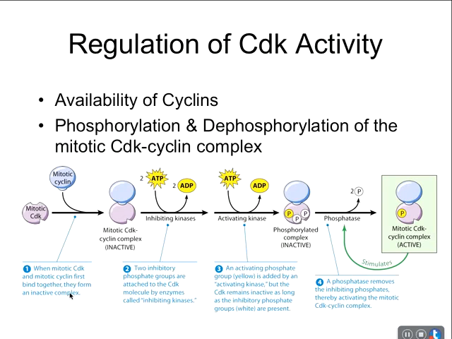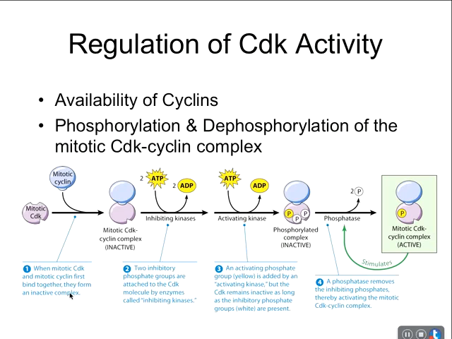Now, this is one of the few times in biology where we see phosphorylation can actually inhibit activity. That's pretty uncommon. Usually, phosphorylation activates, but there are some exceptions to that rule. And it turns out that there are some kinases that can phosphorylate CDK and cyclin and cause inhibition. So there are inhibiting kinases as well as activating kinases.